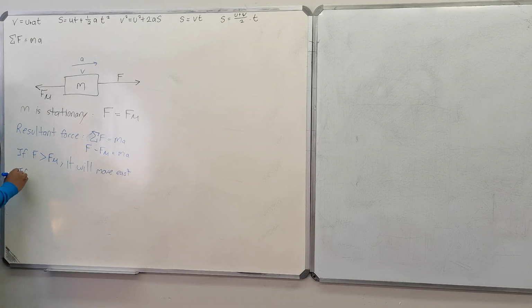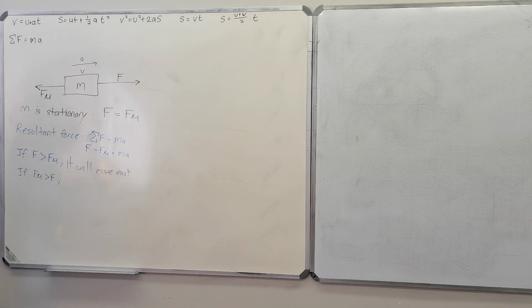And if your frictional force is greater than your applied force, it won't move west. It's an opposing force, but it's not applying a direct force onto the object. Let's say your car is parked. The wind is always blowing on it, but is the wind moving your car? No. So this will cause the object to be stationary.